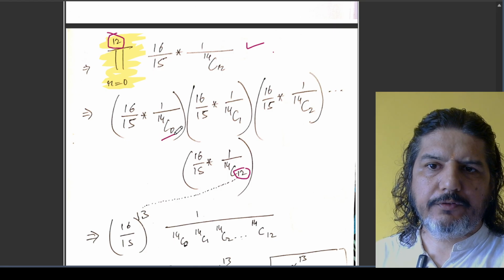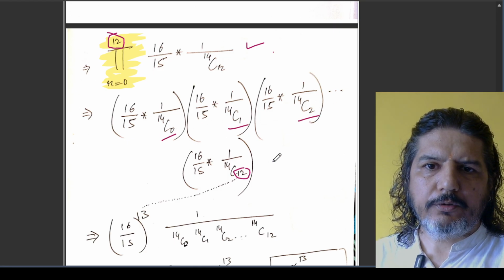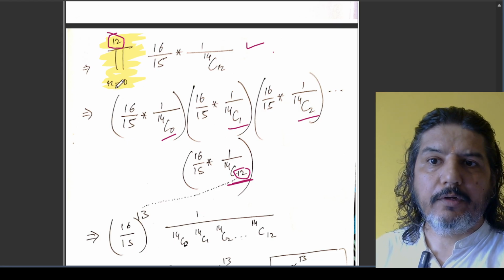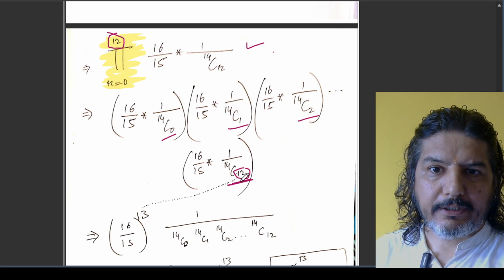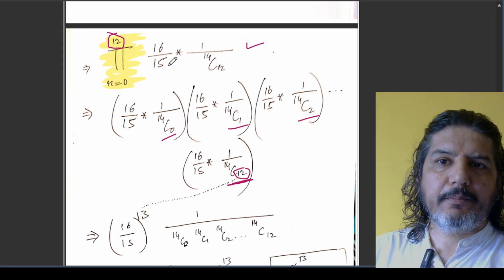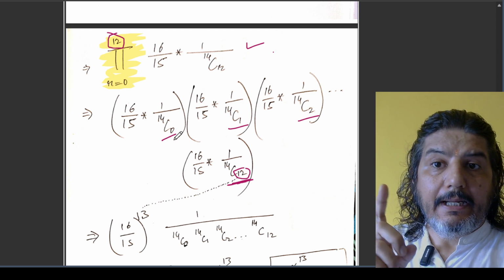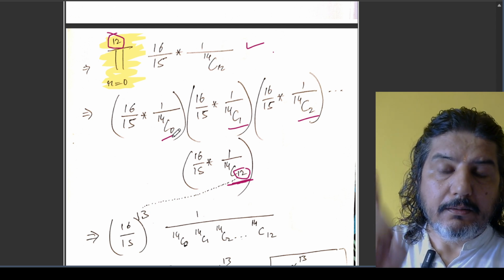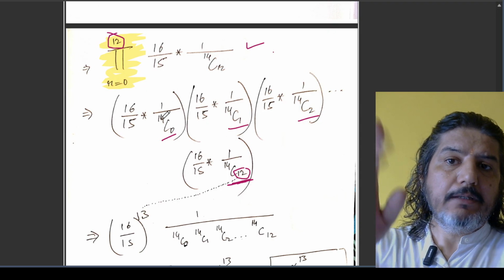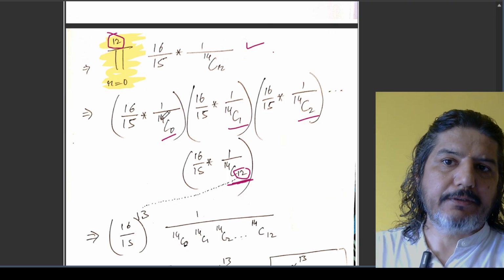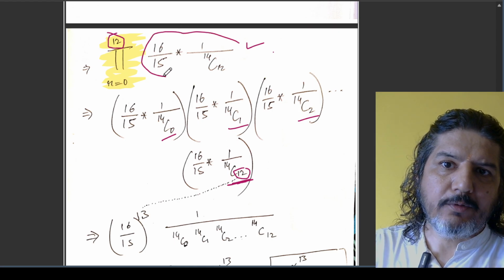So this is 14C0, 14C1, 14C2, and finally 14C12. Why 14C12? Because r goes from 0 to 12. And please remember that 16 upon 15 is being multiplied every time, again and again with this term. Please try to understand this.